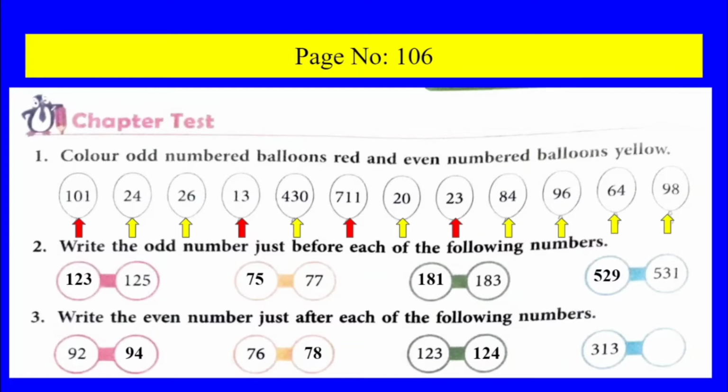Yes, it is an even number because 314 ends with the number 4. So 314 is the even number just after 313. So we will write 314 over here. So children, I hope you all have completed till question number 3.